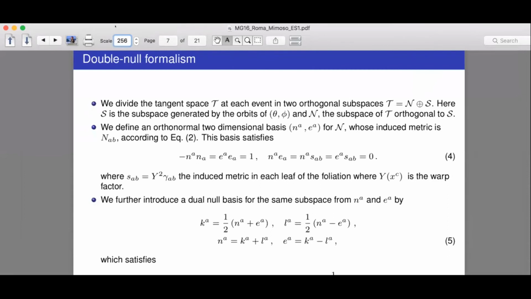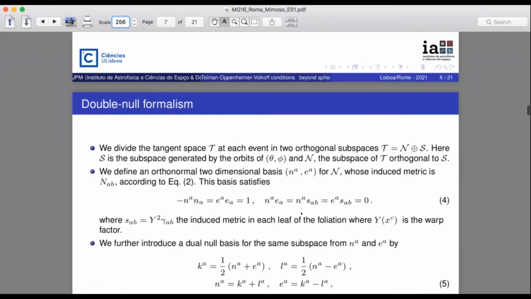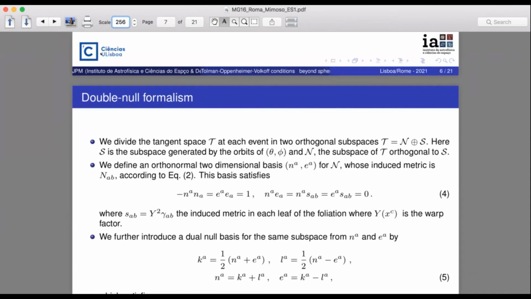I'm sorry, it's not this one I want, this is the LaTeX stuff. Let me share again.